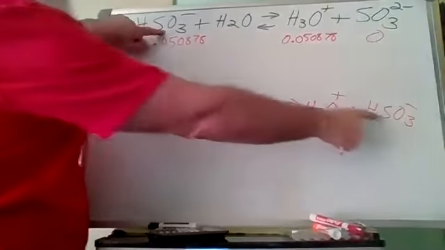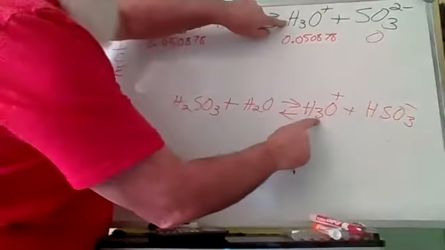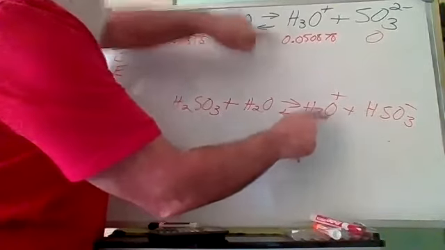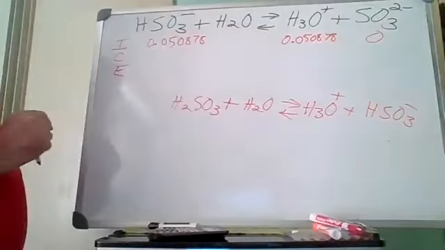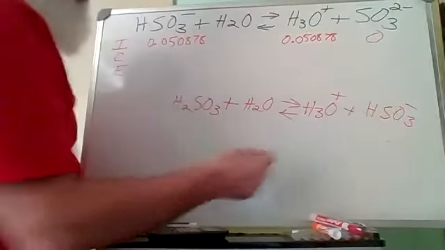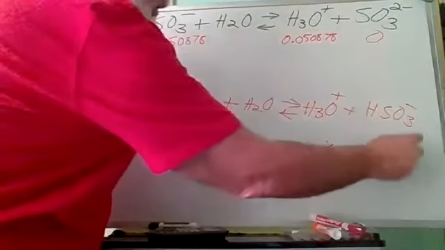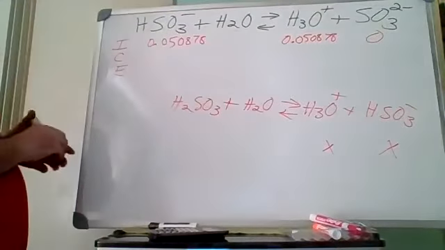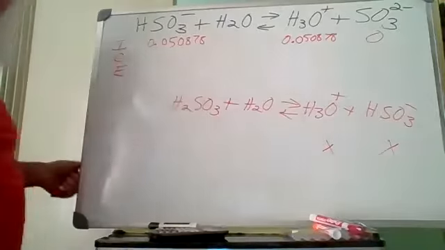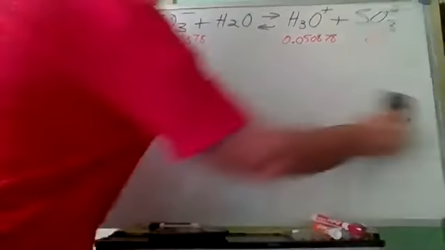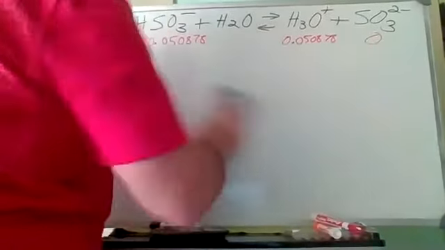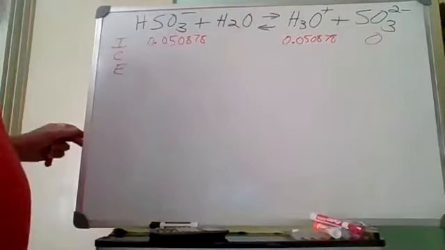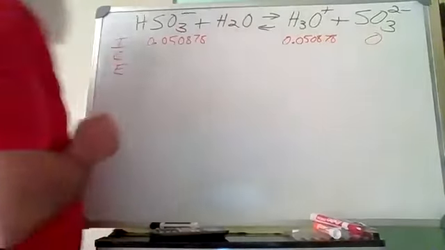But here you see HSO3 minus and H3O plus are on the product side. So when we set up that ice table, the equilibrium step, this was X and this is X. This is the value for X. So that's where these 0.05s came from. Now, again, at the beginning, there is no sulfite anion.